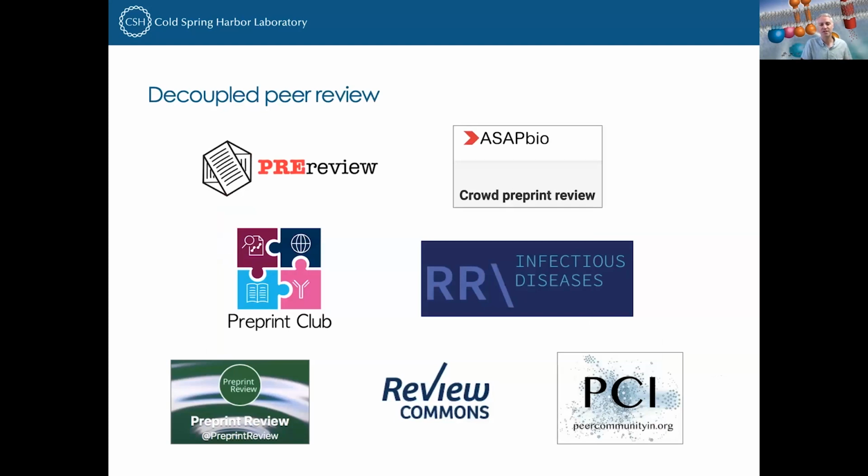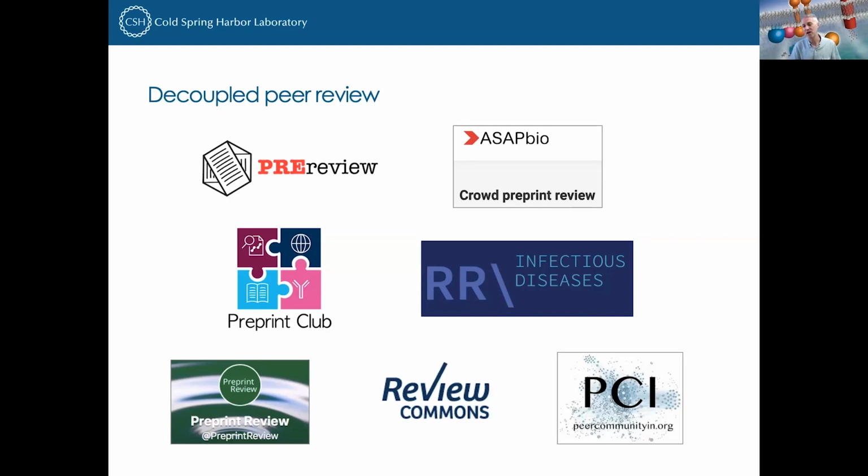Since the emergence of these ideas, we've seen a number of new initiatives to perform preprint peer review. There's services like pre-review, which is mostly early career researchers learning how to do peer review, a self-organized approach that's really in some respects separate from the traditional publication process.